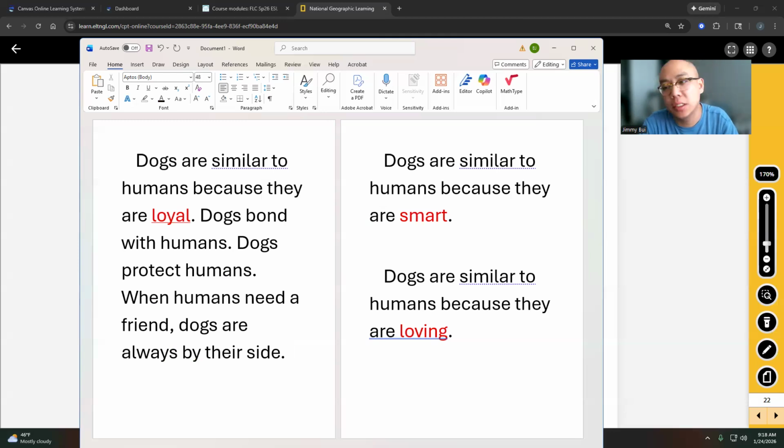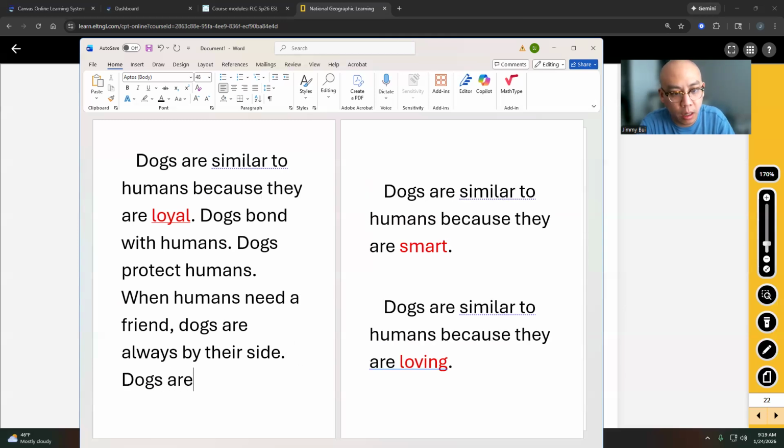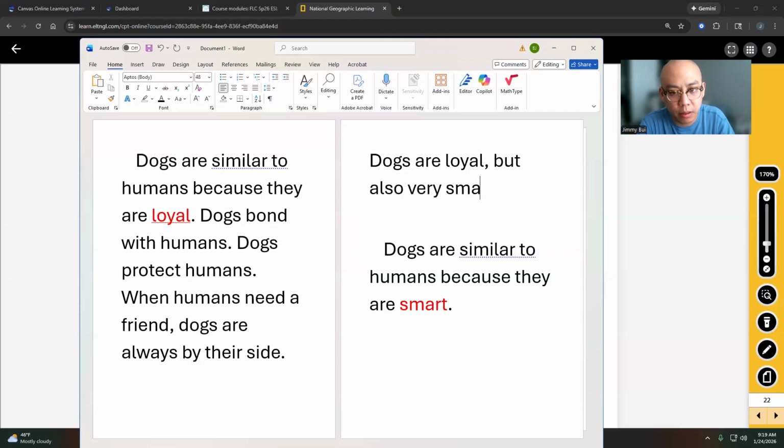And what a transition sentence does is it finishes this paragraph and then it sort of introduces the idea to the next paragraph, so that there's a smooth transition or movement, and then the audience, whomever is reading your essay, sees or gets an introduction of the next idea. When humans need a friend, dogs are always by their side. Dogs are loyal, but also very smart.